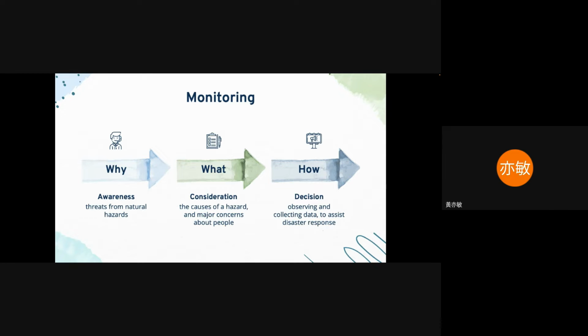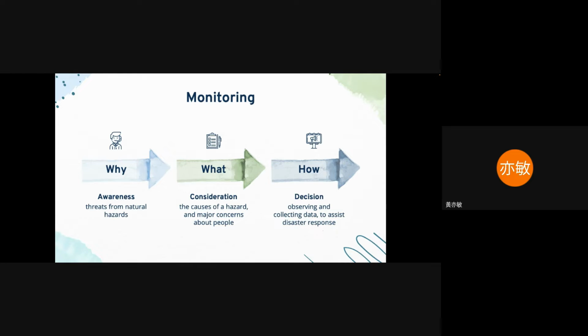We want to collect the data maybe for academic research, maybe to set up warning systems, and maybe to provide an insight for prediction. All those activities help us understand the disaster better and help us decide what to do for the next step. So these are the three major questions about the monitoring basis.